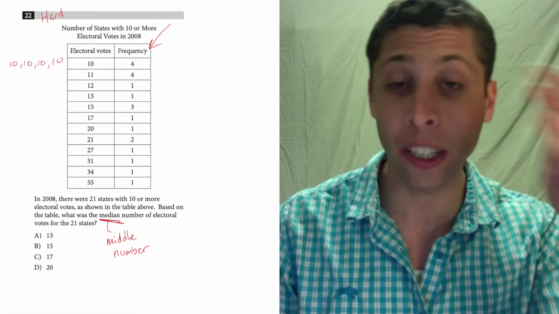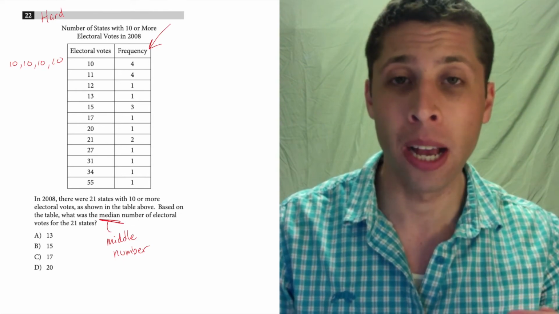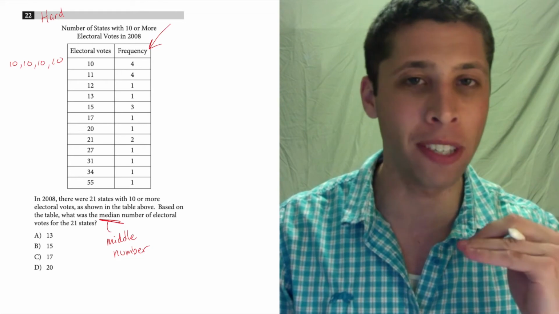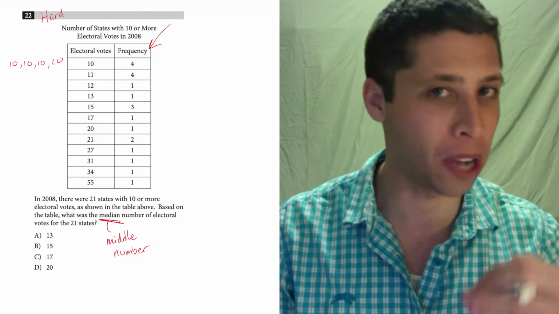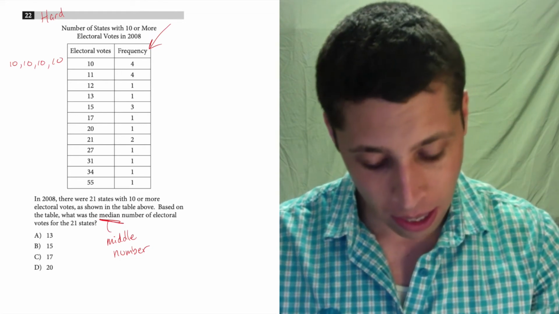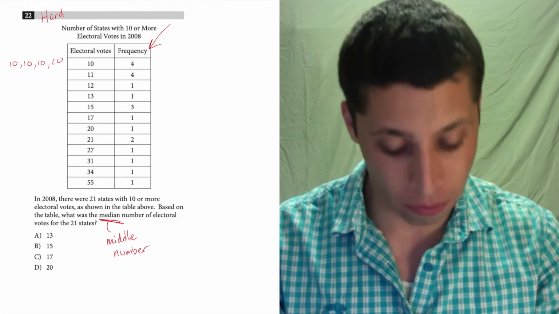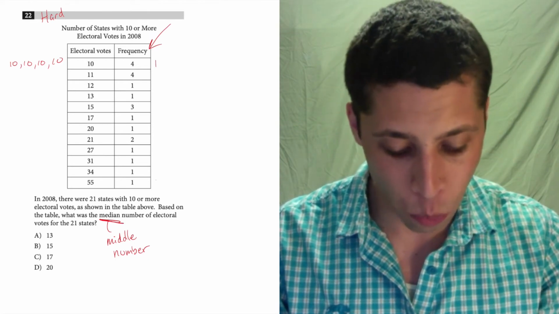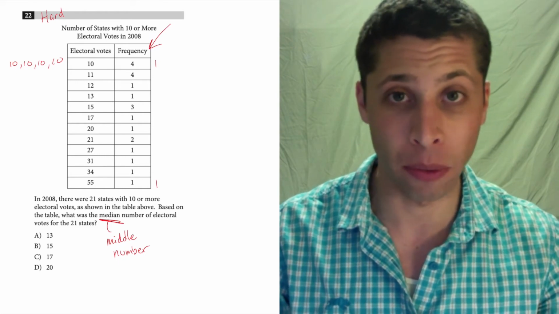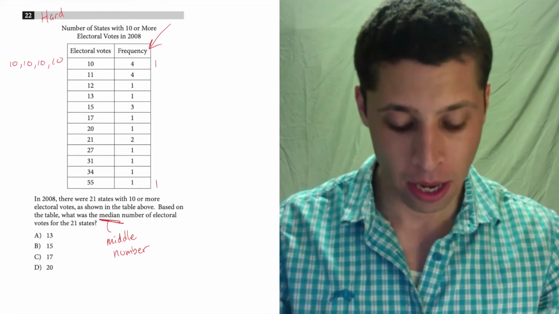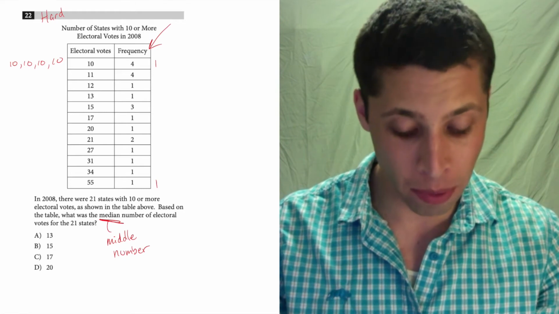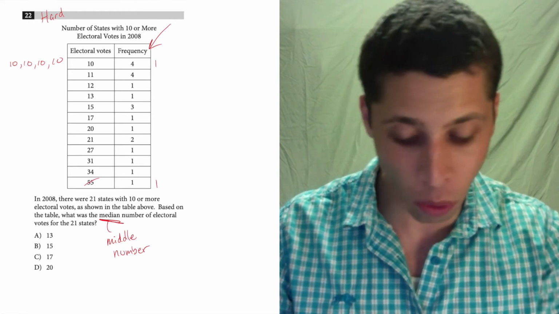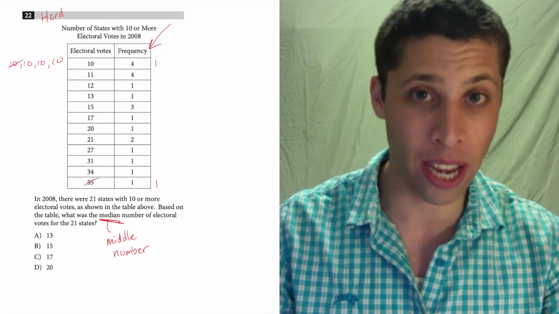We're basically going to cross off from the top and the bottom, but we want to use tally marks to keep track, because we're going to have to cross off certain boxes multiple times. Let me show you what I mean. I would cross off 1 from the top and 1 from the bottom to keep things even. We're going to work our way towards the middle. When I cross off the 1 from the bottom, that gets rid of all the 55s. But when I cross off the 1 from the top, that's only 1 of the 4 10s.